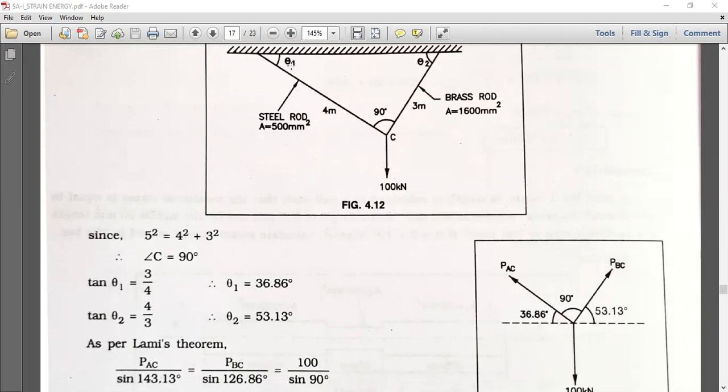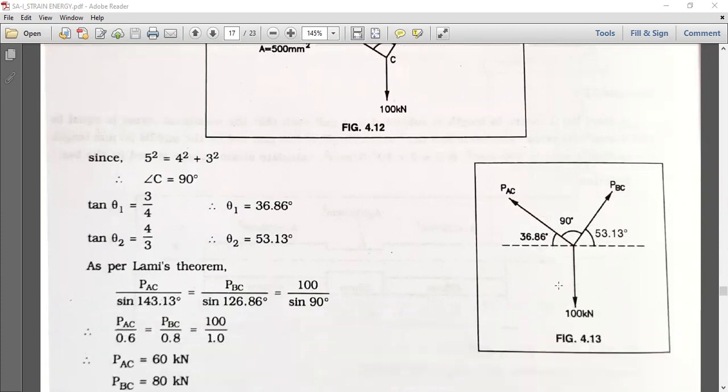Here 36.86. We can see that here there is one rod, that's why we can put this value at this angle. Similarly, here 53.13. And the load is 100 kilonewton. PAC is unknown, PBC is also unknown.